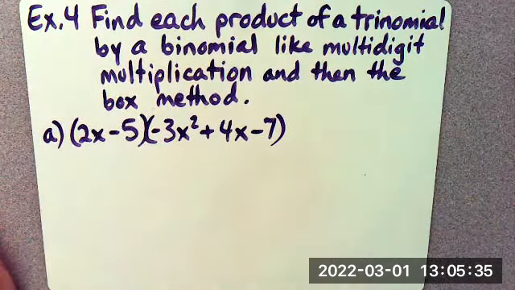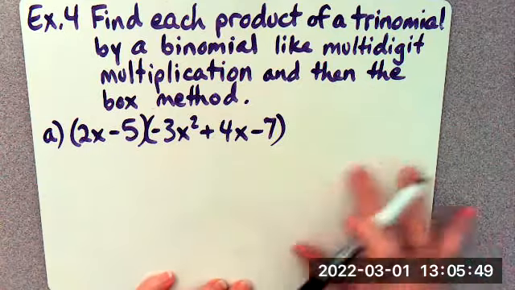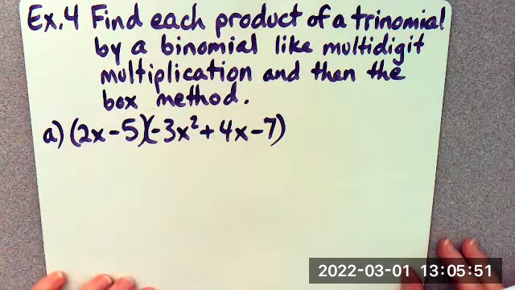All right, so now we're going to try a new tool. So we want to find the product of a trinomial by a binomial, like multi-digit multiplication. And then we're going to use the box method, which is much easier to use.